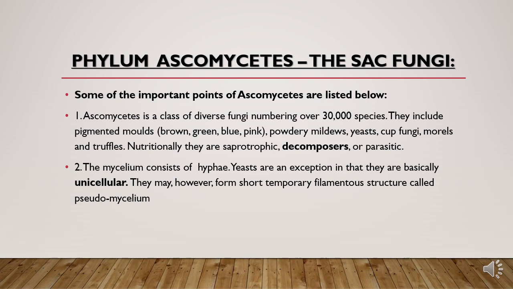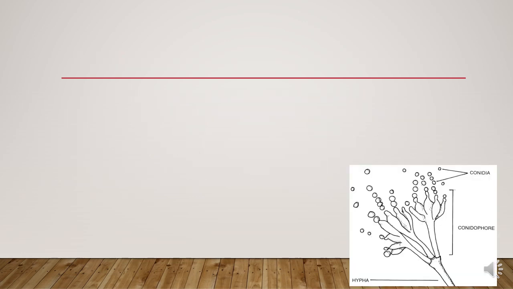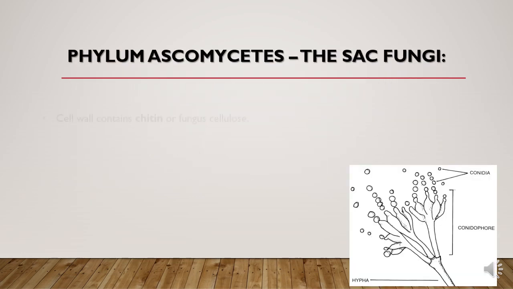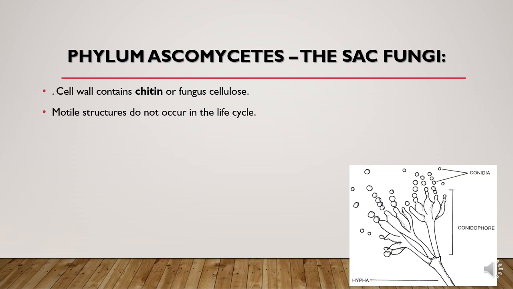They may, however, form short temporary filamentous structures called pseudomycelium, which can be used for movement, even though they might be non-motile. So their cell wall is also made up of chitin or fungus cellulose. They are also motile, but do not occur in their life cycle.